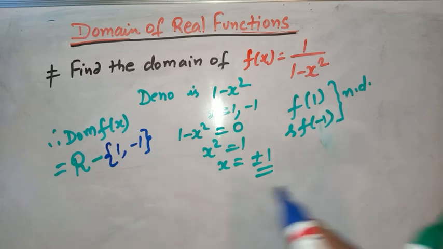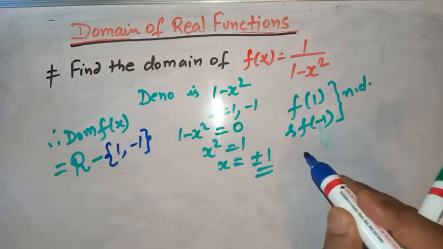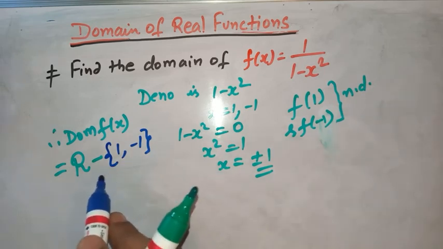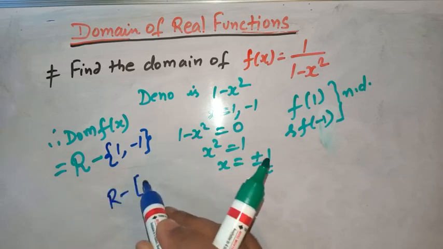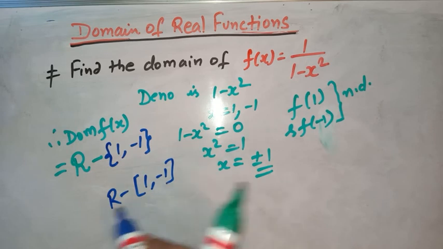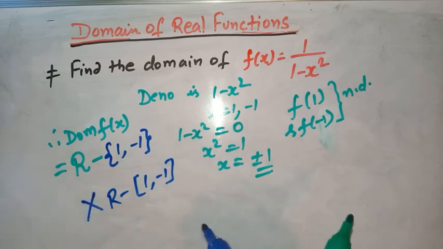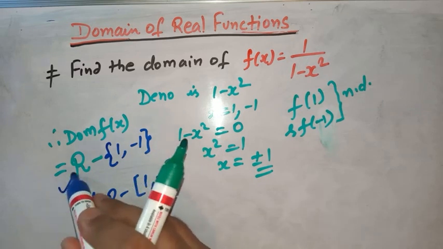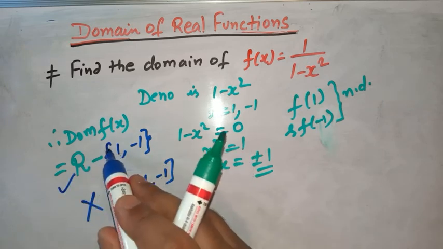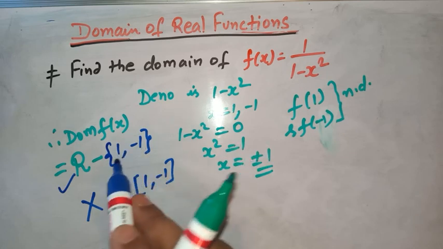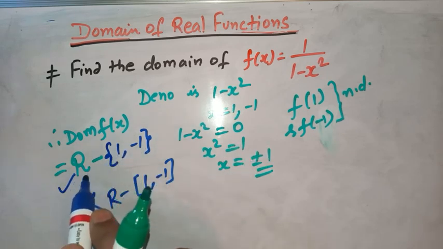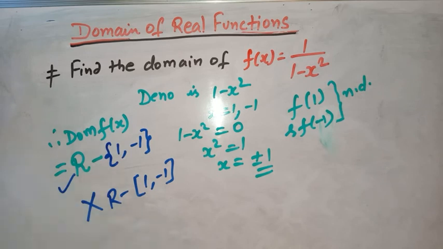We'll not write R − 1 to −1; this is the wrong notation for writing the domain of f. This is the right one: R minus, and we exclude these two values of x from the set of real numbers.